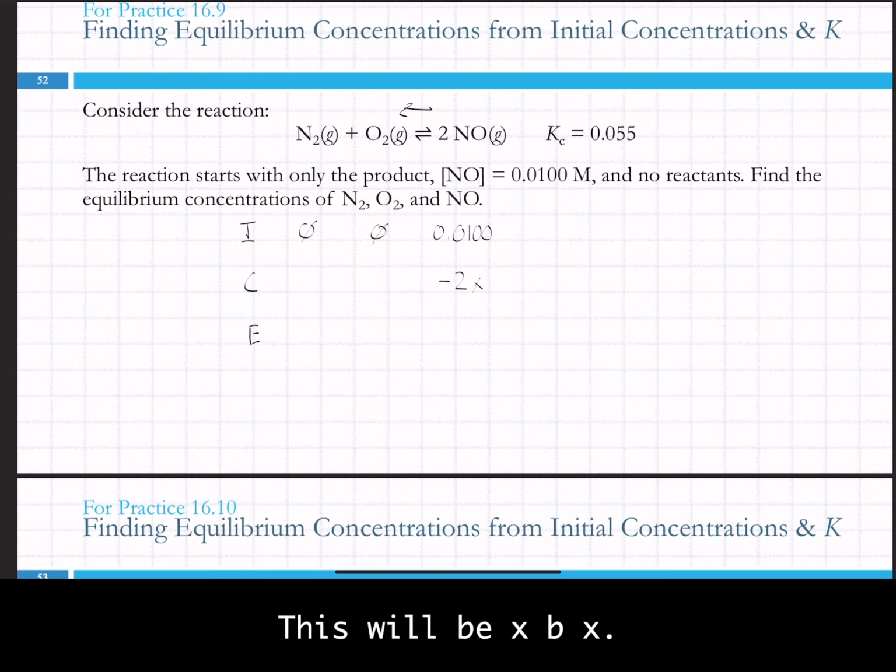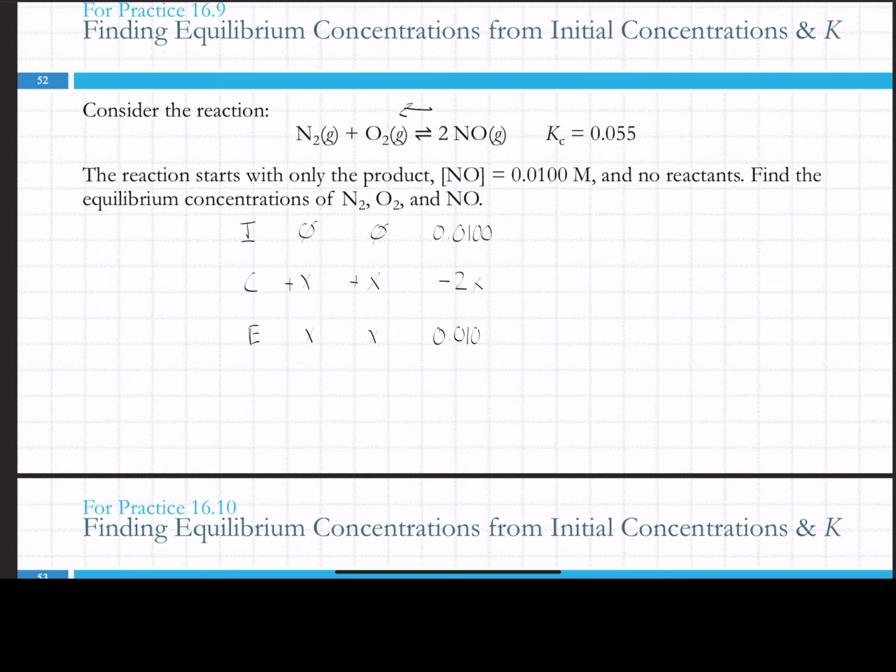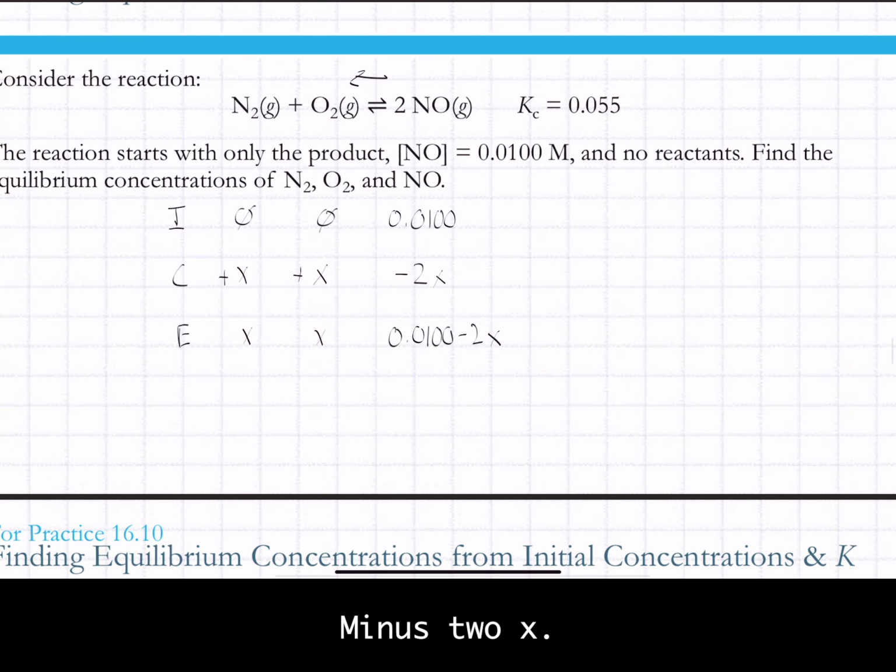This will be minus 2x, this will be x, this will be x, or I should say plus x. This will be 0.01. Minus 2x.